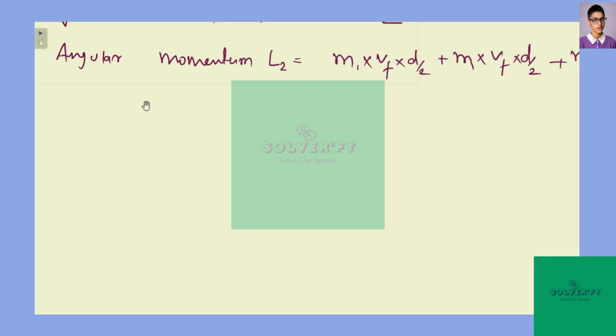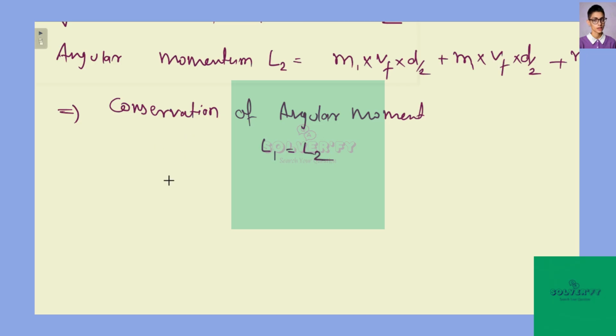So here momentum is conserved. Conservation of momentum says that L1 equals L2. So m2 into v into d by 2 equals 2 times m1 vf into d by 2 plus m2 into vf into d by 2.